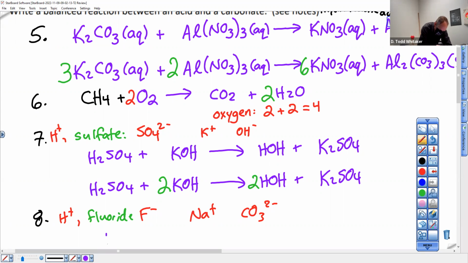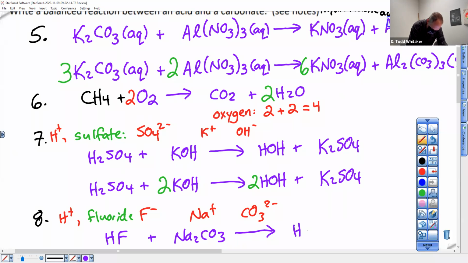H plus, F minus, they mix once each. Crossover says you need 2 Na's for 1 CO3. When you get the products, you just flip-flop the ions, always cation first. So H plus is now going to meet up with CO3 2 negative. Cross them over.